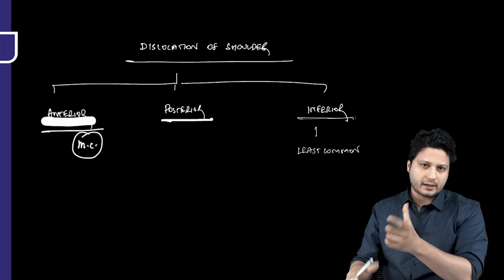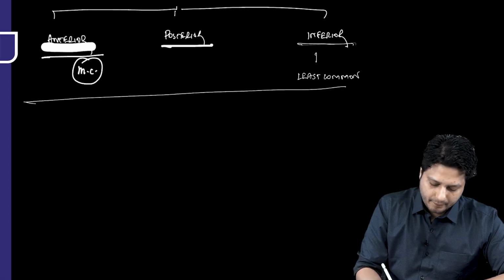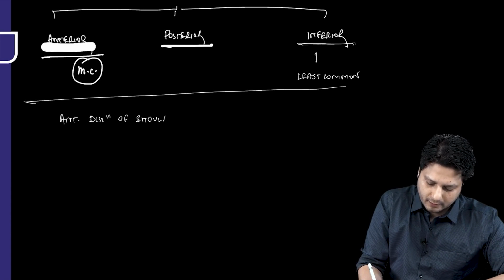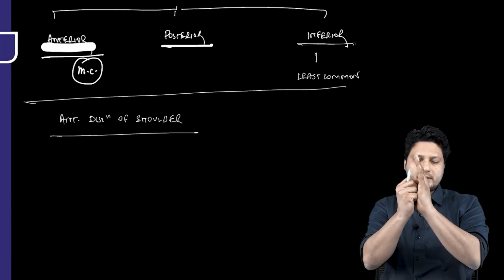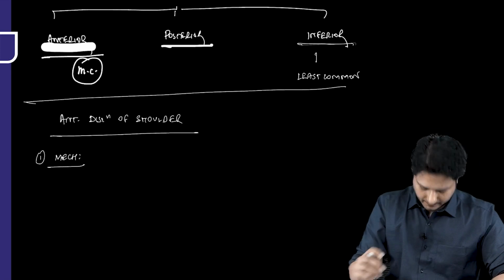Let us start with the anterior dislocation of the shoulder first. Now, as the heading indicates, the anterior dislocation of the shoulder means when the head of the humerus comes in front of the glenoid. So, point number one, what is the mode of injury or the mechanism of injury for this kind of shoulder dislocation?